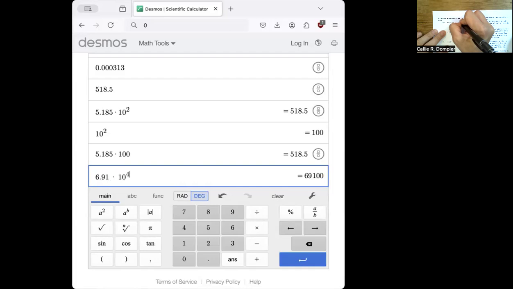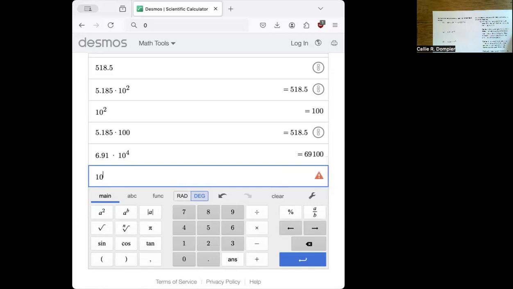So if you are already fluent, it's going to really help you, okay? So 6.91 times 10 to the fourth is 69,100 because 10 to the fourth is 10,000. Why? Because it's just 10 times itself 4 times. So you're saying 6.91 times 10, 4 times.